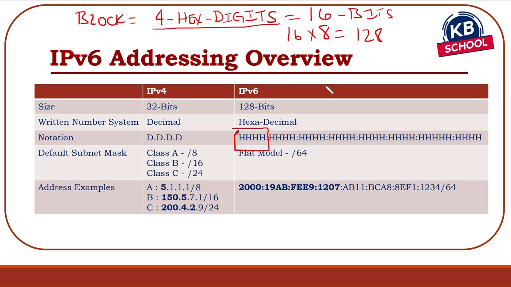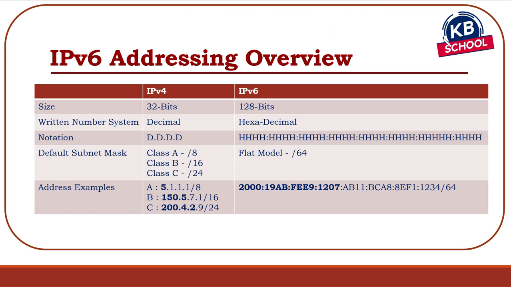So each block has 16 bits. All right? So this is what an IPv6 address will look like: basically 32 hex digits split into blocks of 4. Like that, you're going to have 8 blocks. Now, this is what it looks like.